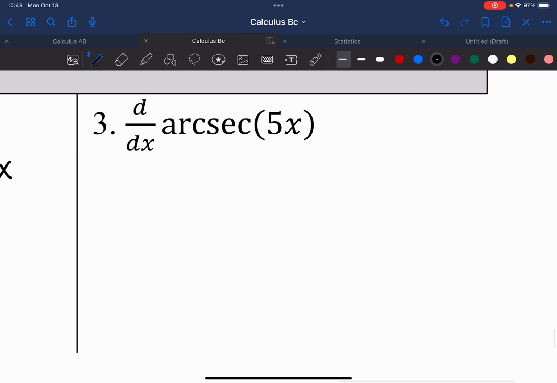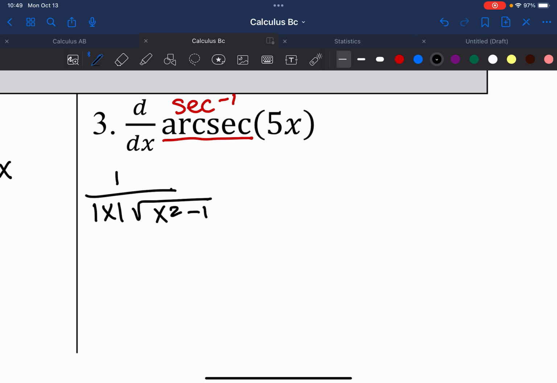And then example 3, remember if we see arc secant, that's the same as saying the inverse of secant. So we're taking the derivative of the inverse of secant, which is 1 over the absolute value of x times the square root of x squared minus 1.